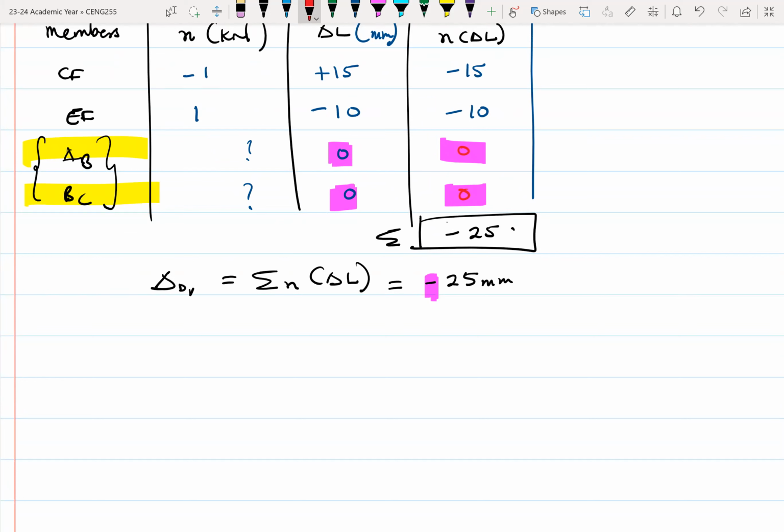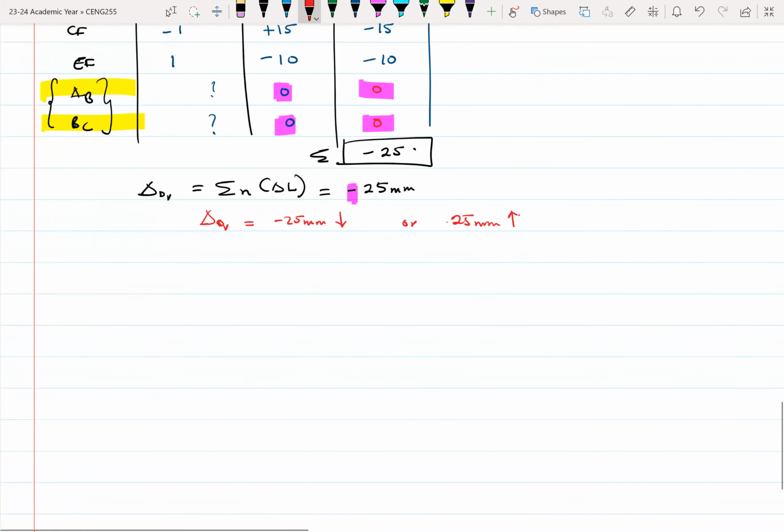So your delta dV can either be minus 25 millimeters acting downwards, or it can be 25 millimeters acting upwards. That's fine. All right, great.